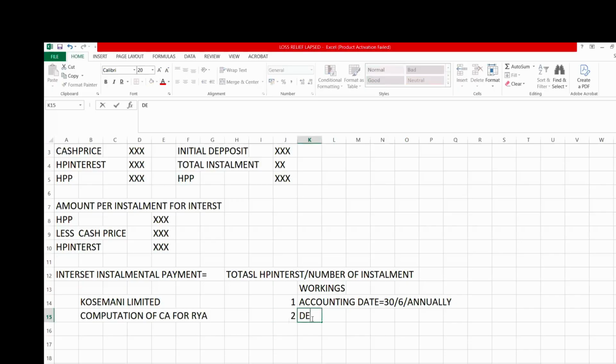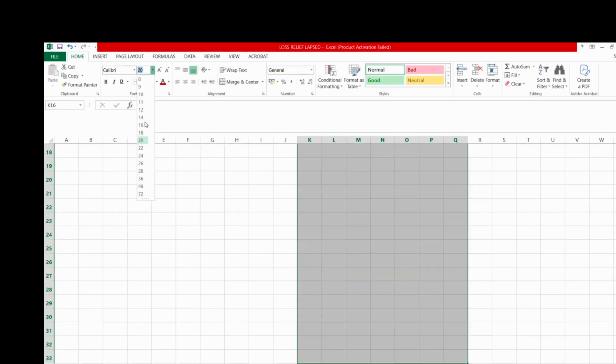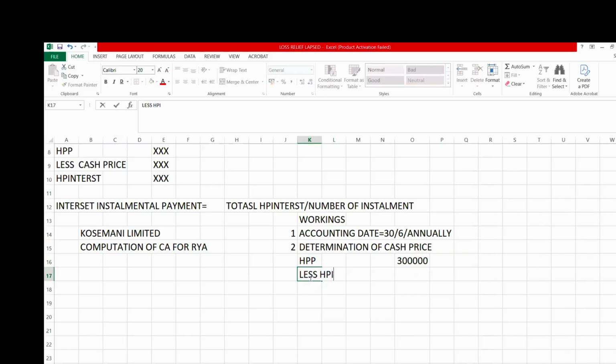So we need to determine the cash price. The hire purchase price is 300,000. We are told that interest is at the rate of 10%.